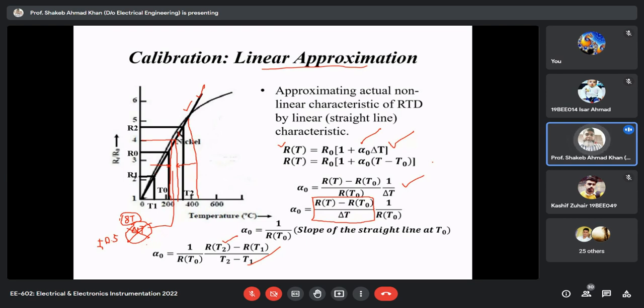But I'm not saying that it is the ultimate thing. Even the quadratic approximation may have error. The curve may not be quadratic in nature, it may be cubic. But in any case, it will give you better matching, so the error will be less. This kind of thing is done.